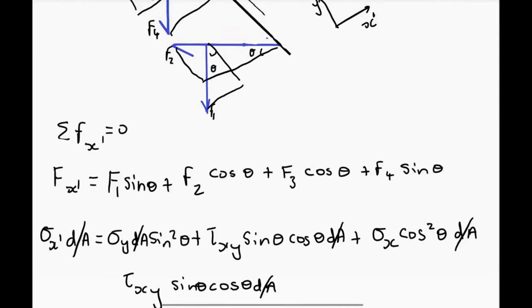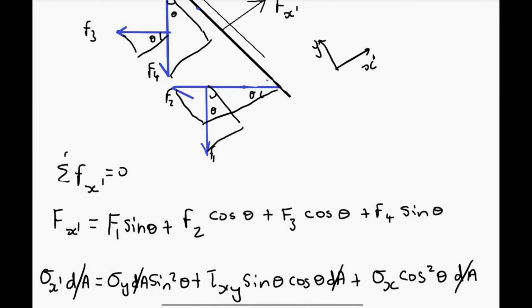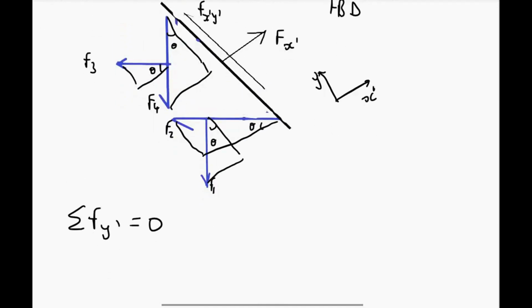Now, for summation with regard to the y-axis. Remember, I'm taking the datum point as the plane in which we have unknown stresses. So we'll have our first force, Fx prime y prime, then F1 sine theta, F2 moving in the upward direction, so F2 sine theta.